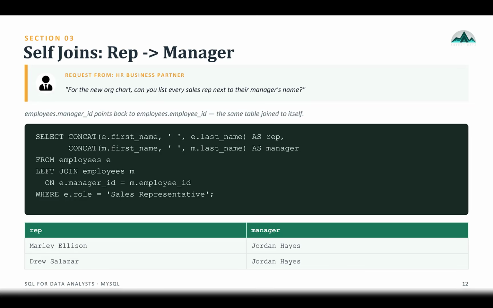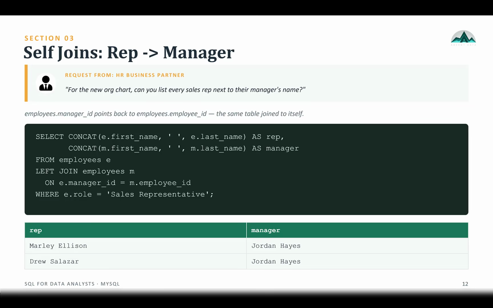So as you saw here, this is exactly what we have achieved. We created a self-join where we have joined the manager ID to our employee ID. So essentially, we just identified a manager in the same table we had.